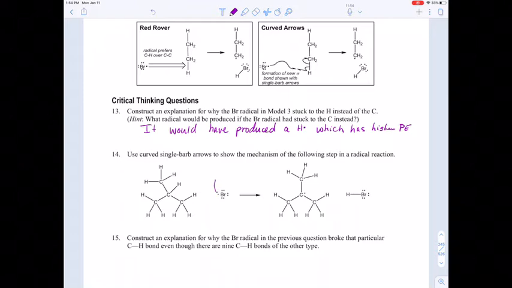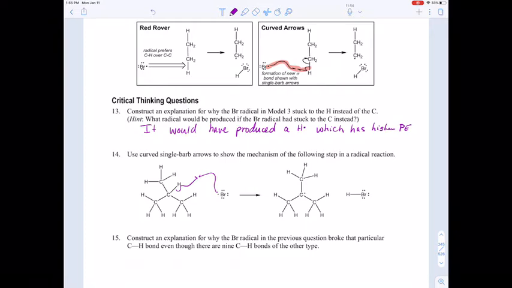So it comes in with a single barbed arrow, like that. Now it's going to grab hold of this hydrogen, so we're going to bounce off like that. Okay, so what we've just done is this step here. This is something called initiation. This is where the reaction is going to start.